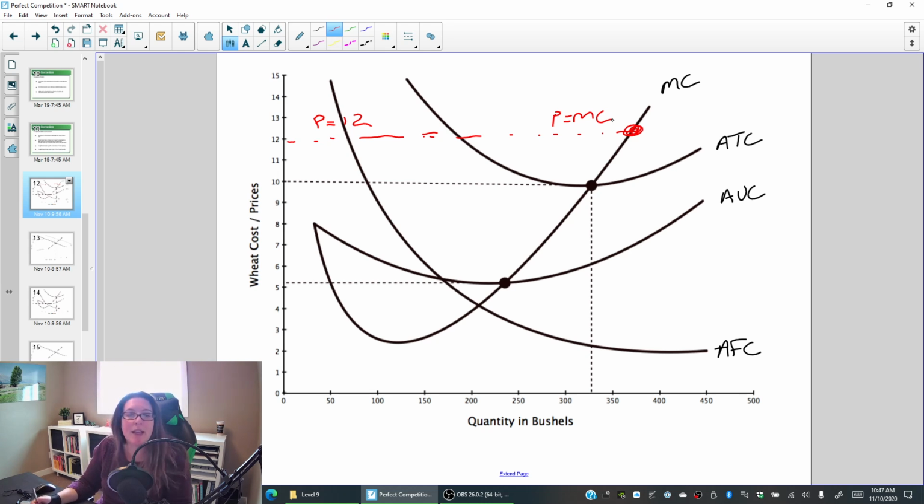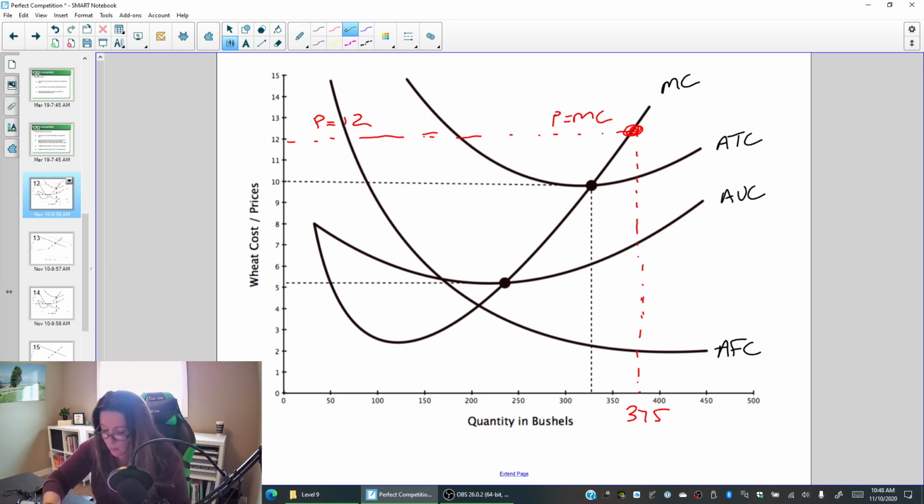So we can look here and we can see, as a farm, how much are we willing to sell? Okay, well, at a price of $12, we're willing to sell, looks like about 375. Are we making profit? How do you know? Well, if we're producing 375 units, we're selling them at $12 a piece.